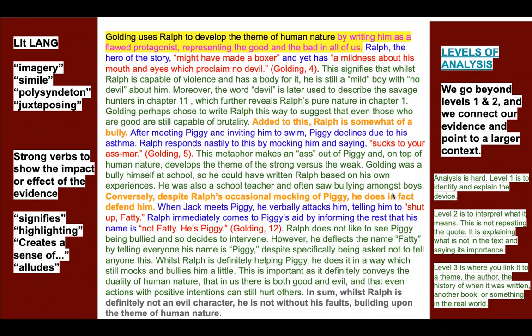And then finally, level 3, link it to outside the book. So you can do big ideas or themes, the author and his intentions and his life, the history of when it was written, or another book, basically linking it to a connection in the real world. And that's your analysis. So make sure you're doing that. Again, there's videos on the Writers' Workshop to help you with that.